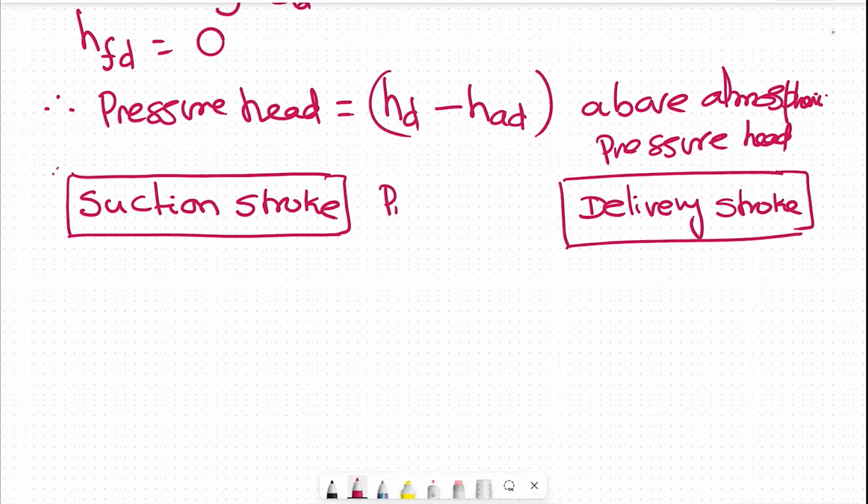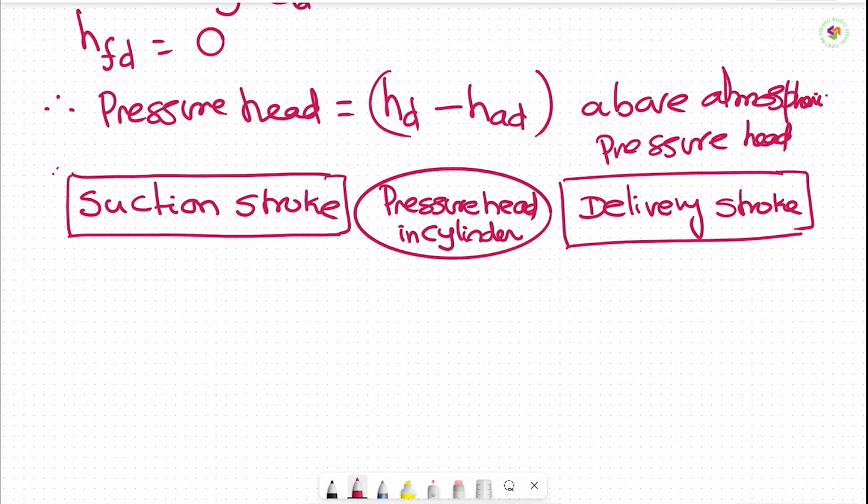So we are studying about pressure head in the cylinder. Now, theta is equal to 0, that is the beginning. So total head is Hs plus HAS plus 0 friction.